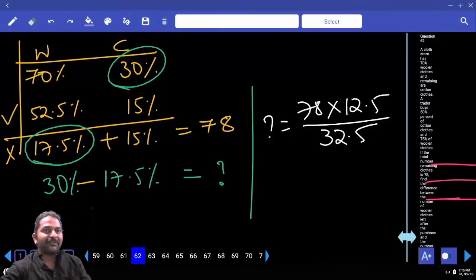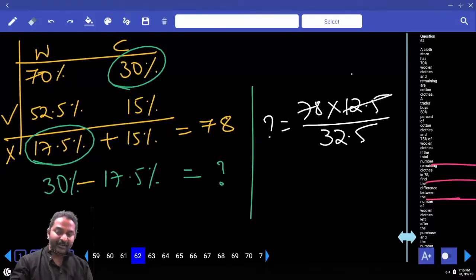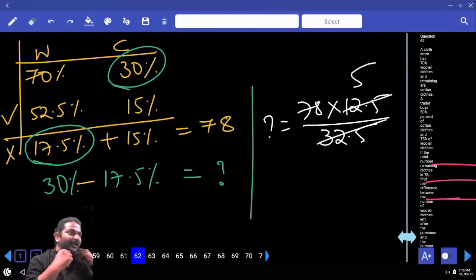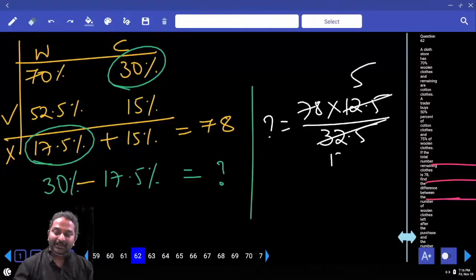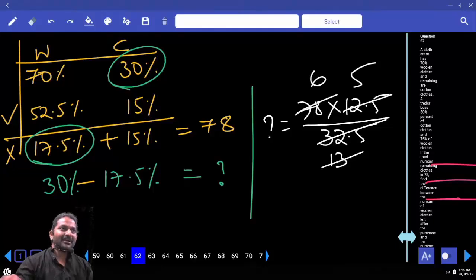There is only one digit after the decimal. How many 25s will be there in 100? 4. In 300, 12 plus 1 more 25, total 13. 6 into 5, 30.